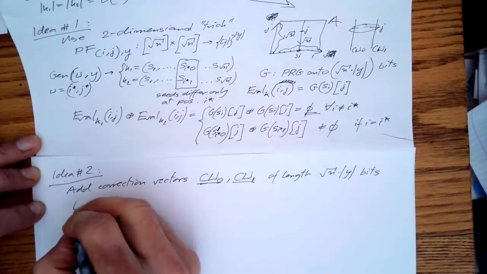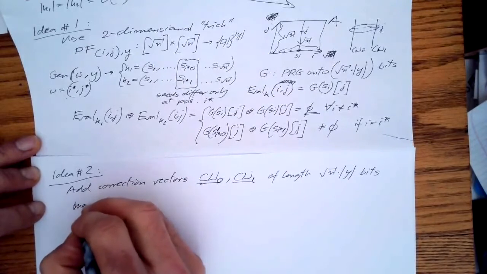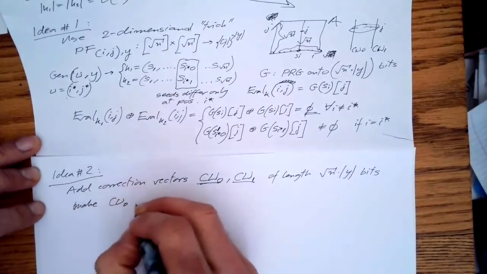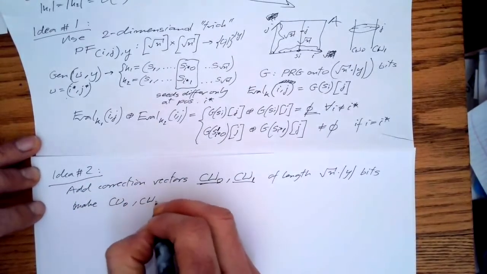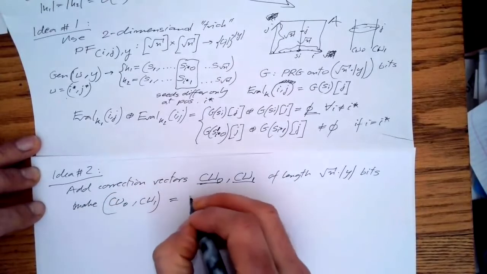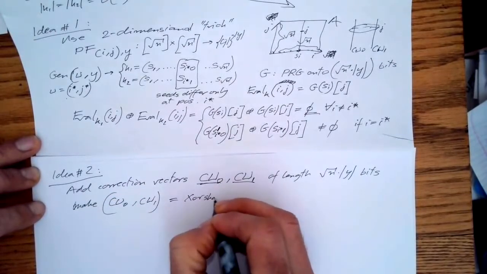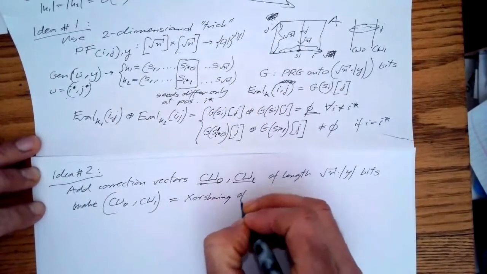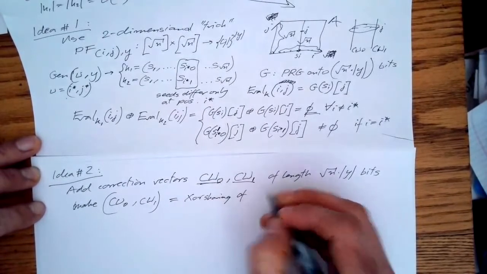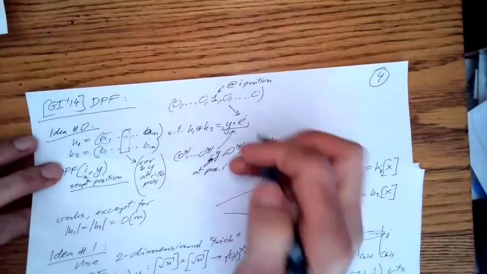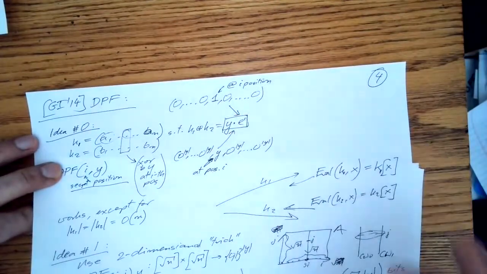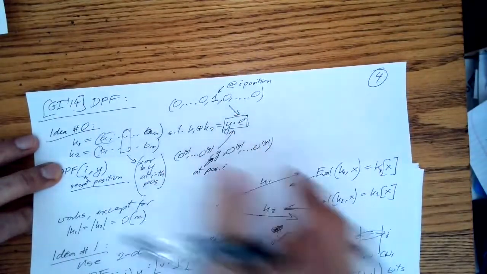So let's make CW0, CW1 an XOR sharing of this shift vector.